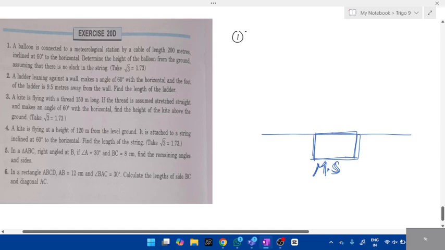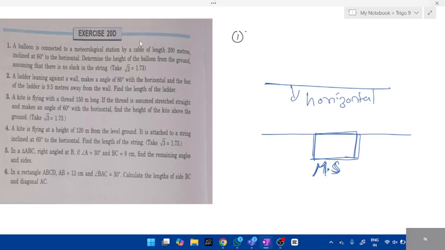Now, a balloon is connected to a meteorological station by a cable of length 200 meters, inclined at 60 degrees to the horizontal. Okay, there are two types of line. The flat line we call horizontal. Which is straight, what do you call the line which is straight?